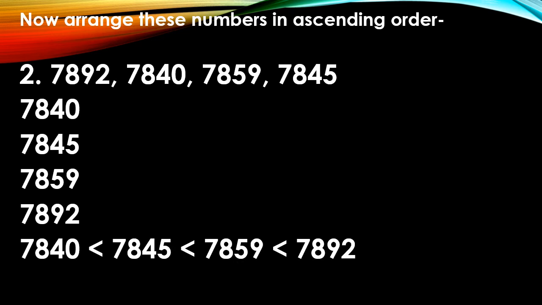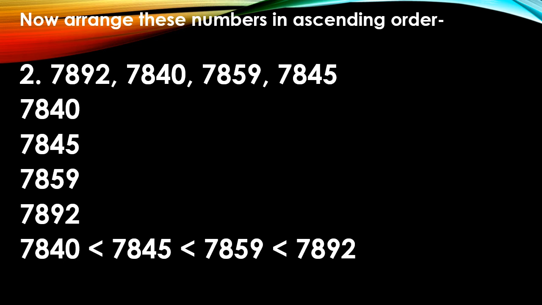Now, let's take up one more example of arranging numbers in ascending order, which means from the smallest to the greatest. The numbers that are given are 7,892, 7,840, 7,859, and 7,845.